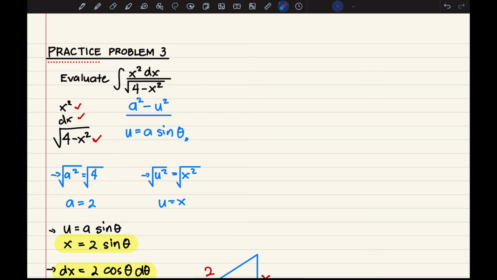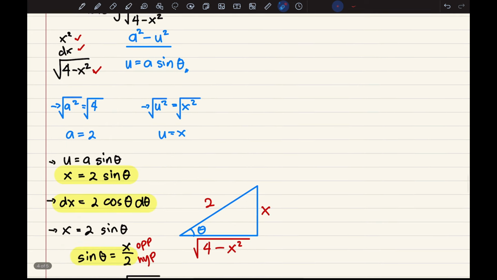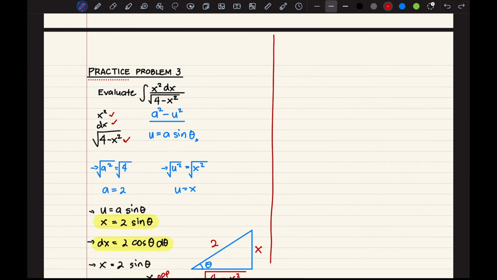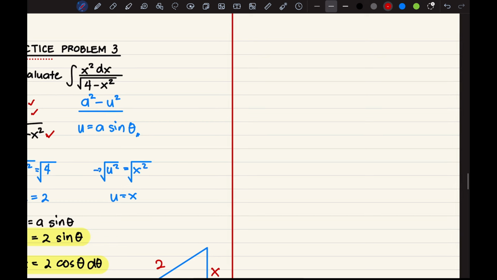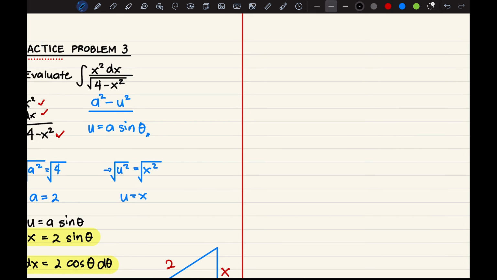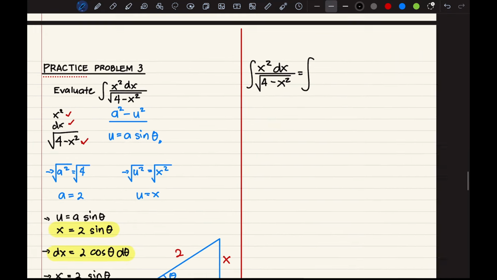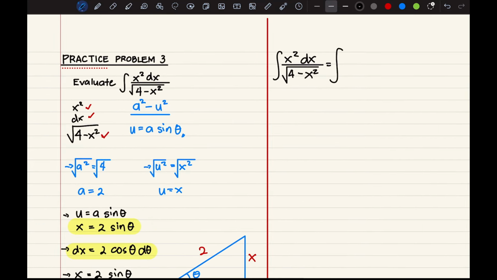We can now try to solve for the particular integral. So finding the integral, let us just rewrite integral of x squared dx all over square root of 4 minus x squared. Substitute x squared, the equation for x squared in our substitution, the equation for x is equal to 2 sine theta.